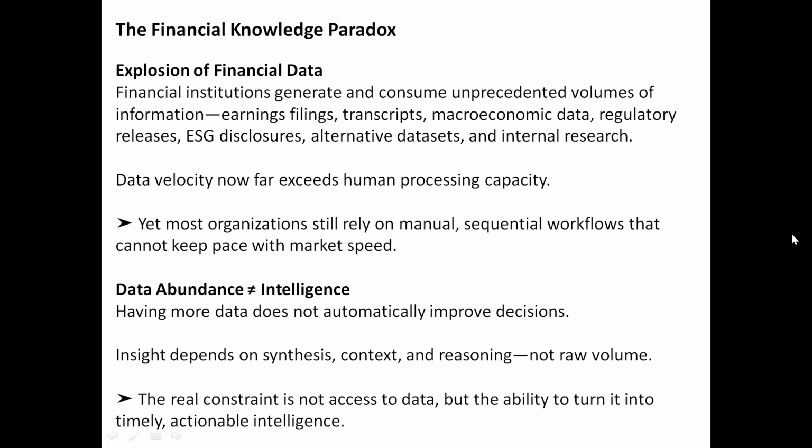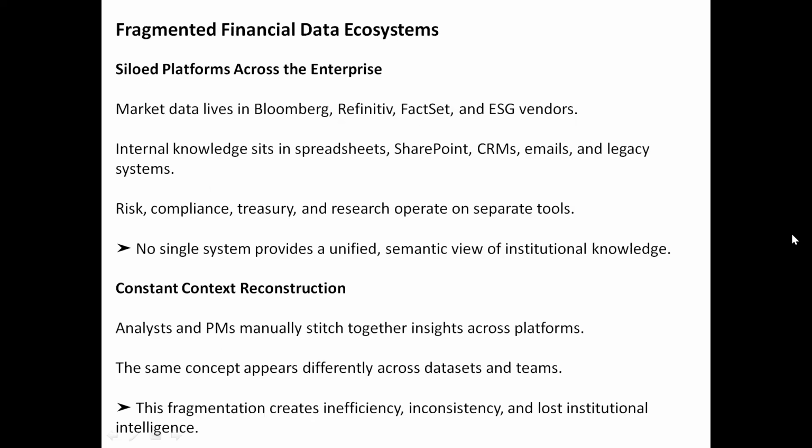So there is an imbalance between data velocity and how we can get insight from data. Having a lot of data and information does not mean that you have intelligence. The real constraint is not access to data, but the ability to turn it into timely, actionable intelligence.